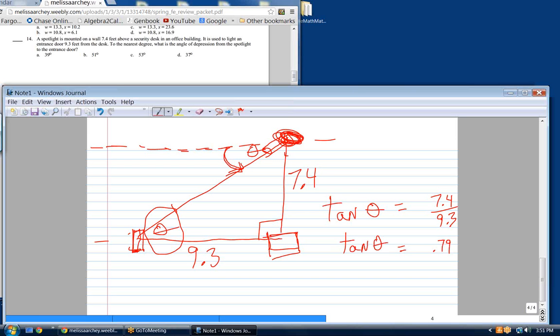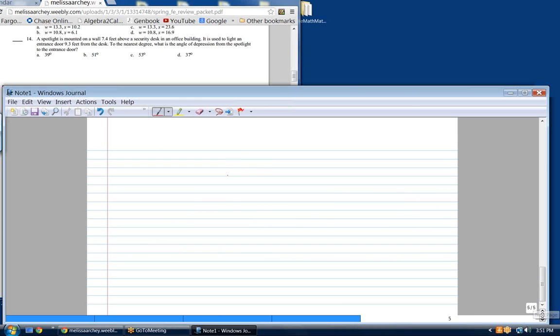How do we get theta? We need to solve this for theta. Okay, how do you do that? Take the inverse tangent. The inverse function means, let's go over that. This is a very important part of trig.